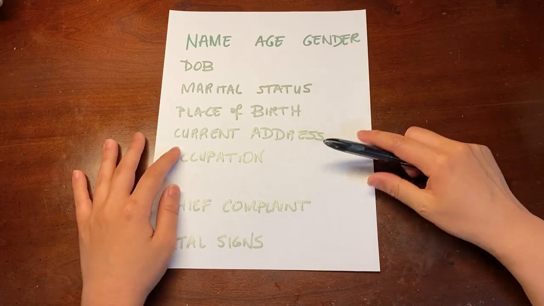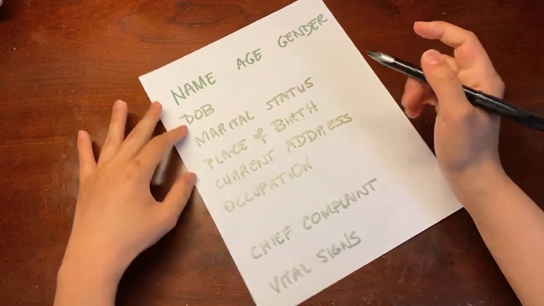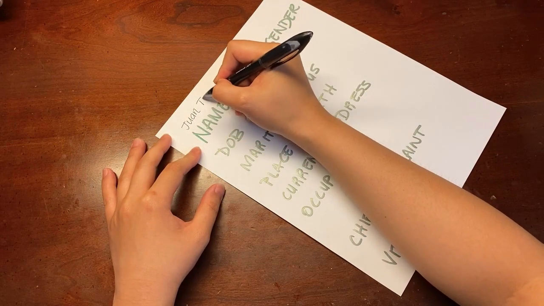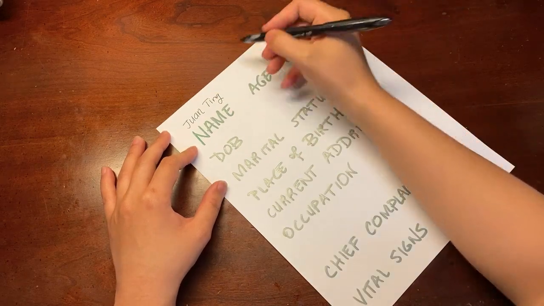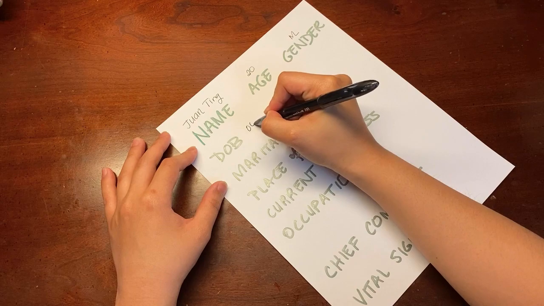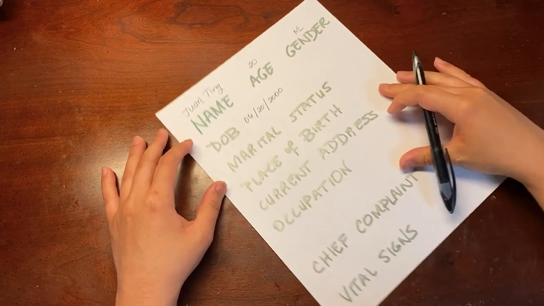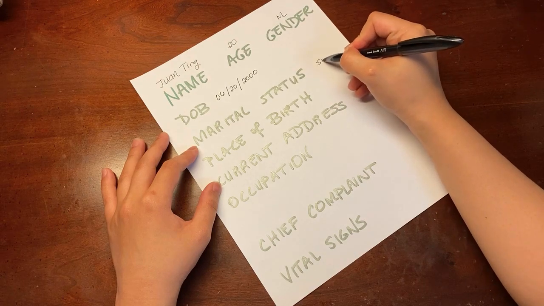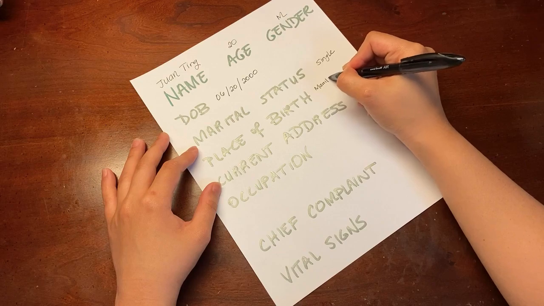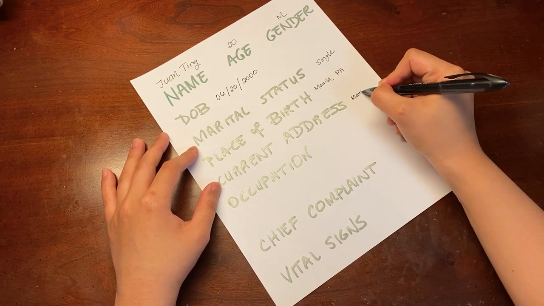So for example, we could do a sample case. We'll say the patient's name is Wan Ting. He is 20 years old, a male. His birthday is June 20th, 2000. He is single, was born in Manila. Current address is still Manila.